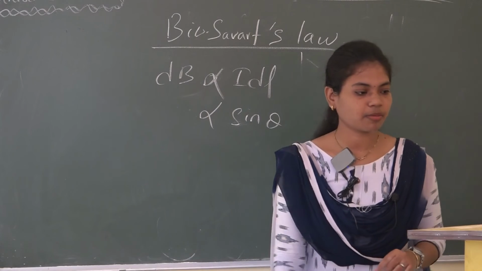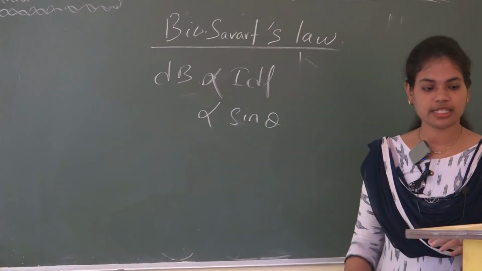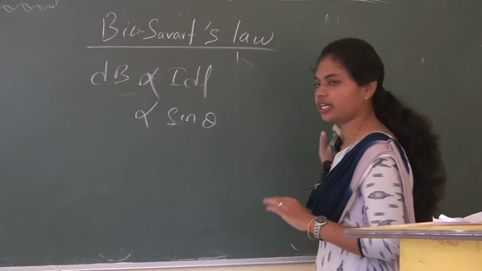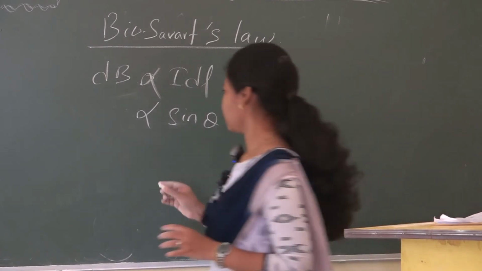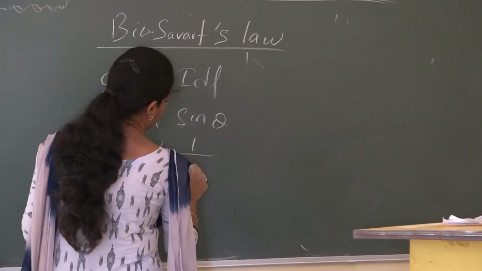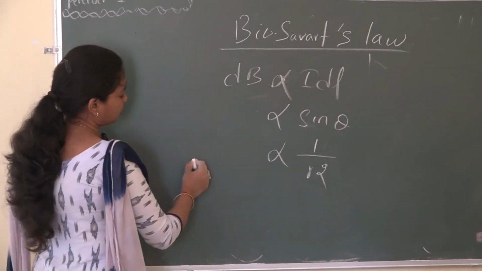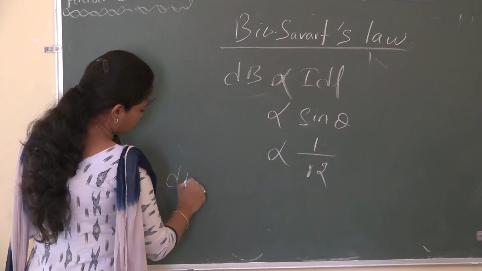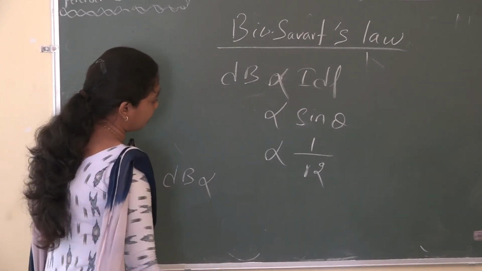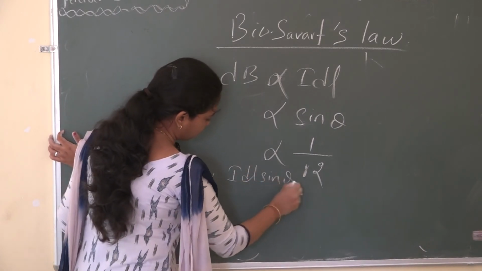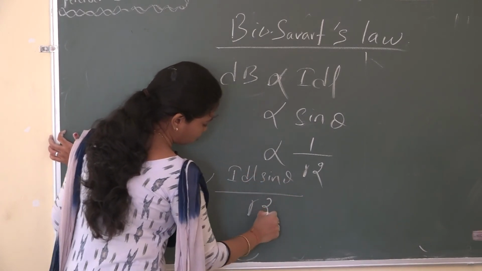Then it is inversely proportional to the square of the distance between them, which is r. Combining these three terms, dB is directly proportional to I dl sin theta divided by r square.